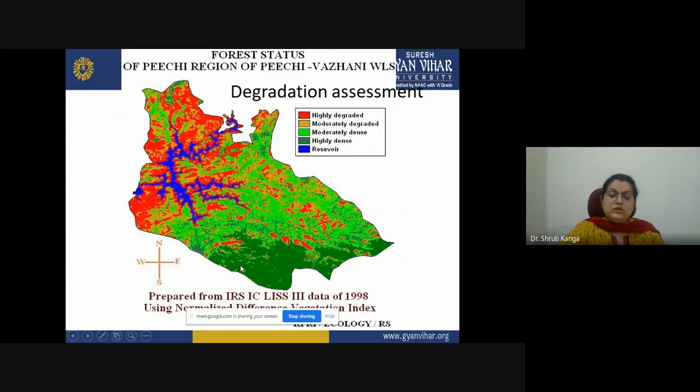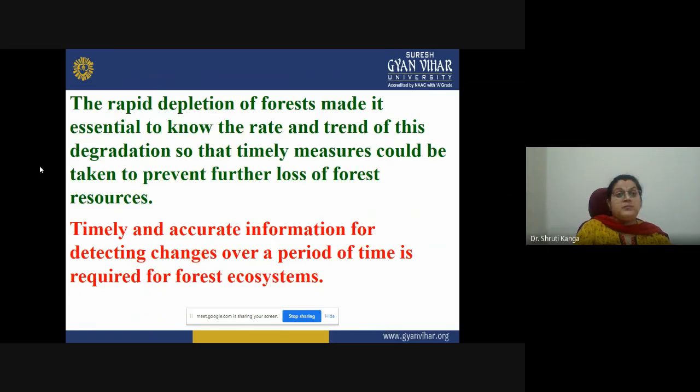For these studies, they have used three data sets, and they have done it with the help of NDVI, the normalized difference vegetation index, in which we take the infrared and red bands into consideration. The rapid depletion of forest made it essential to know the rate and trend of degradation so that timely measures could be taken to prevent further loss of forest resources.